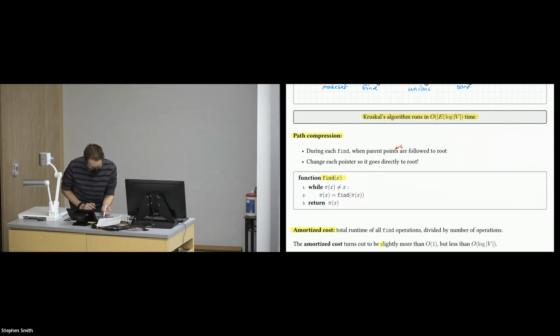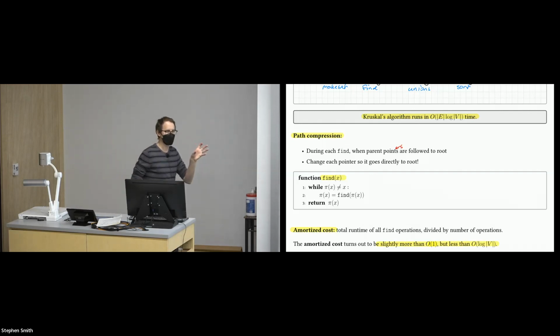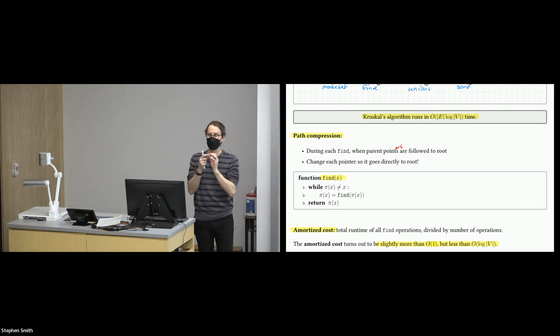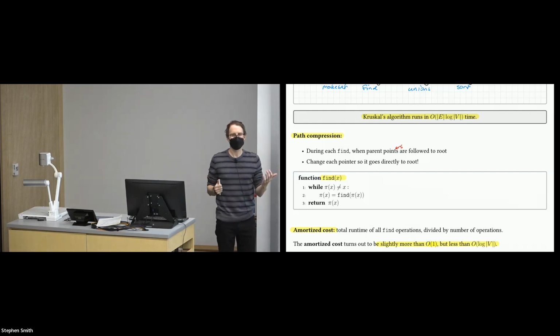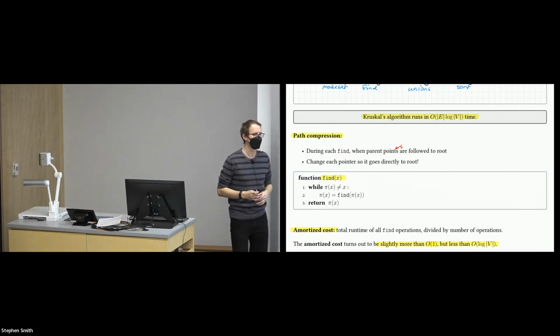In this one, it's slightly more than O(1), but less than log V. I've seen elsewhere a slightly tighter expression for this, though it's not really in the text. But basically, it's a practical improvement that just helps a little bit in the runtime.